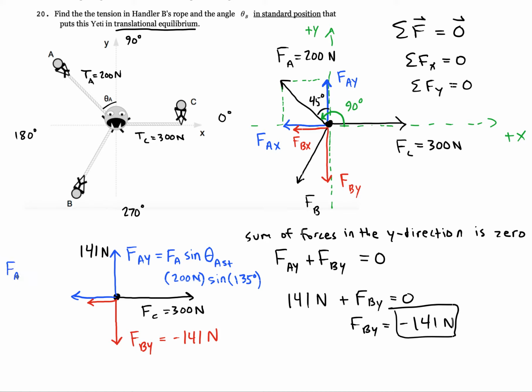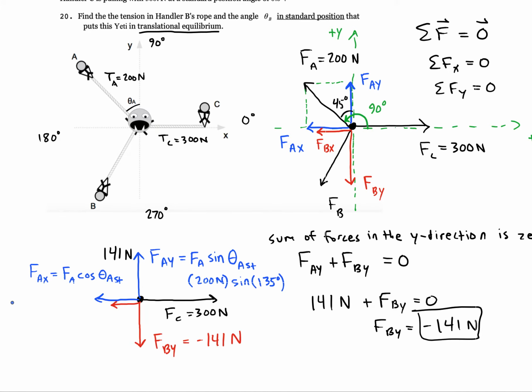So Fax can be Fa cos theta. So it's going to be 200 cosine of 135, which comes out to negative 141 newtons.